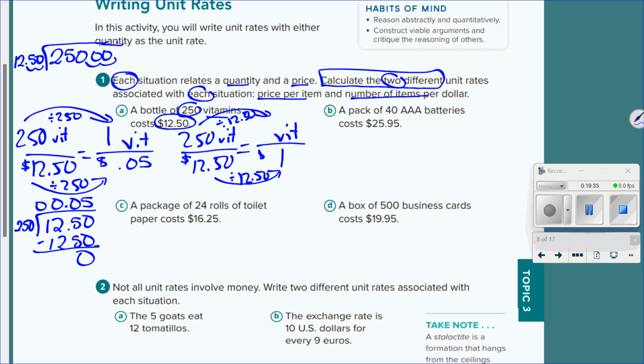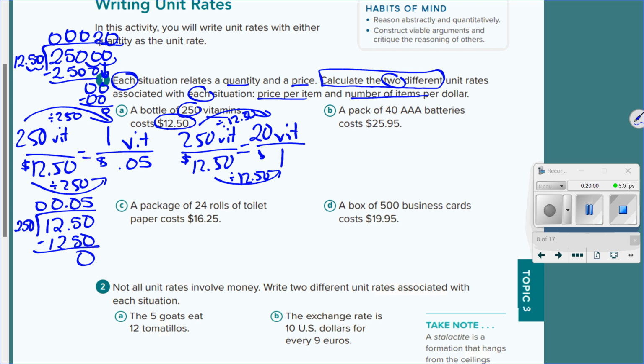So can 1250 go into 2? 25? 250? 2,500? How many times? And that is 2,500. Leave 0, bring down this 0. Can it go into 0? No. So I get 20 vitamins for $1.